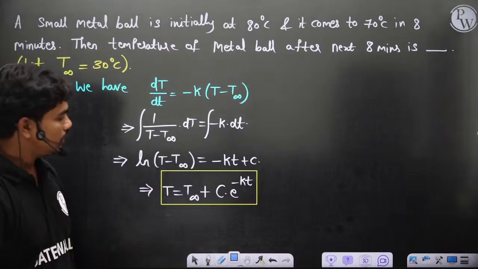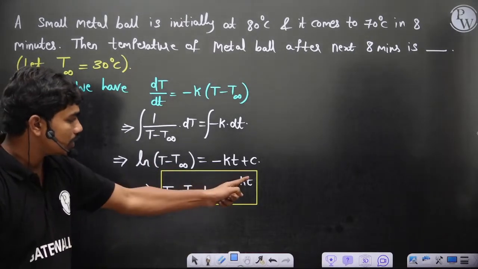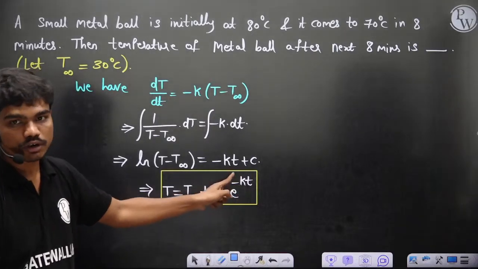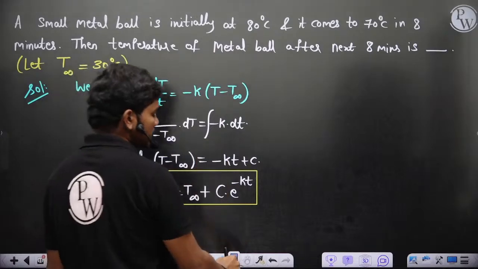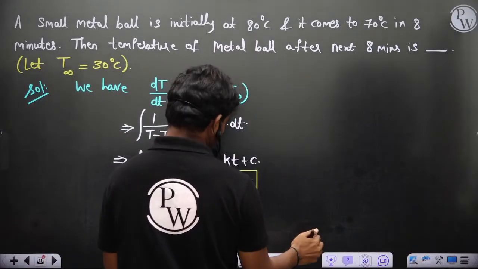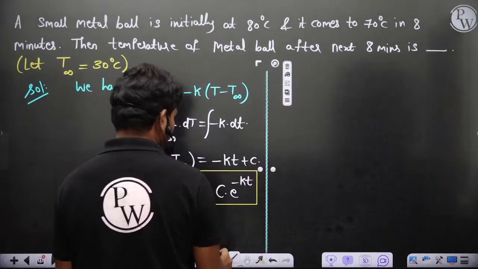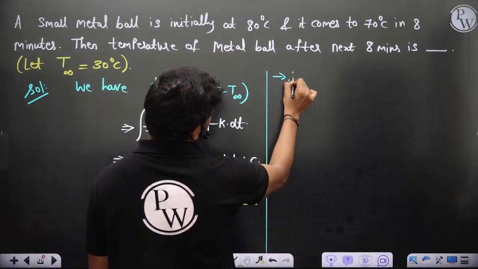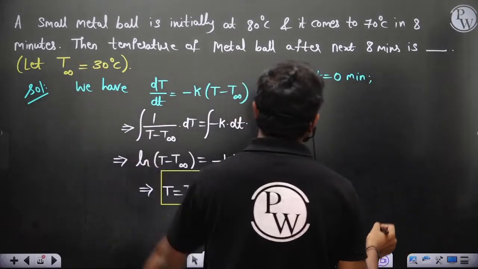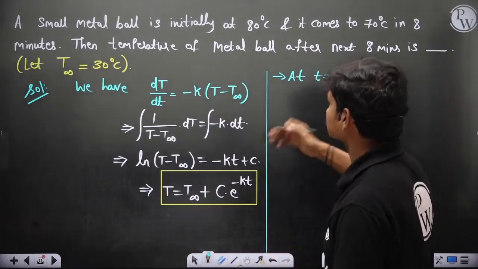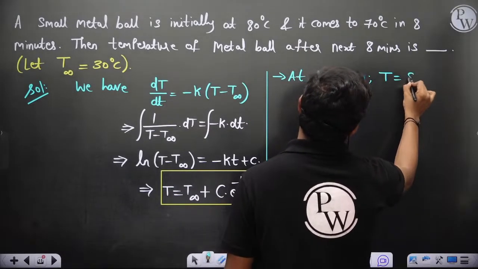Here there are two things to calculate. T infinity is known, but to calculate T at any given time, you should also know this k, the proportionality constant, which is not given. That's why I have given you a small metal ball initially at 80 degrees Celsius, an initial condition. At t equal to 0 minutes, the temperature of the body is 80 degrees Celsius.